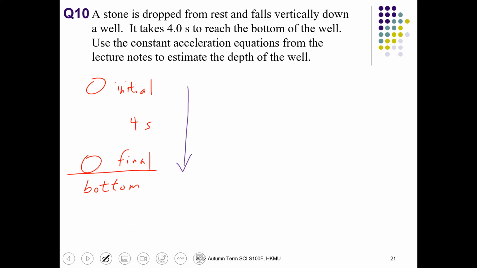Before we make use of the equation, what we have to do is to define the positive direction. Since the motion of the stone is vertically downwards, for convenience, we simply take vertically downwards as positive.